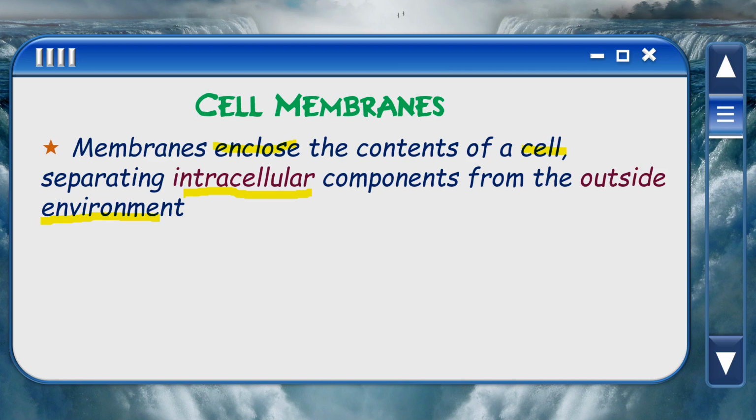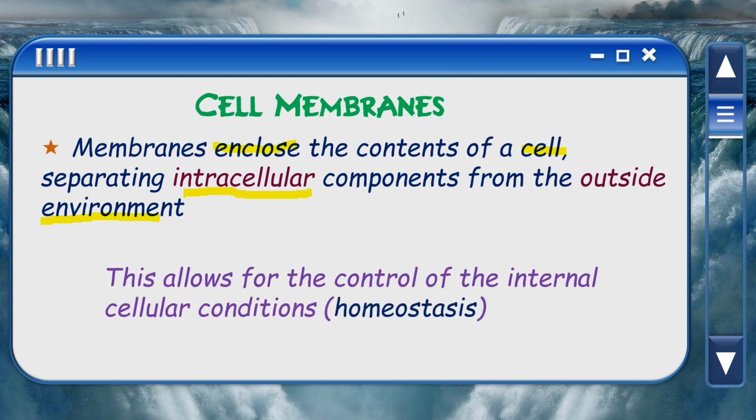That is what we refer to as the cell membrane. It allows for the control of internal cellular conditions, or homeostasis.